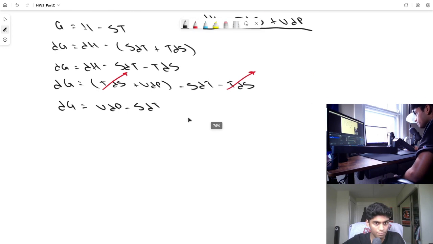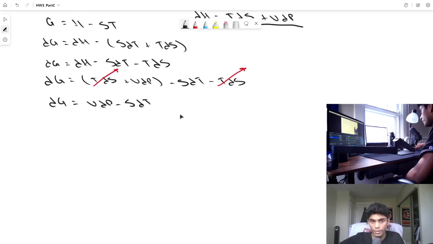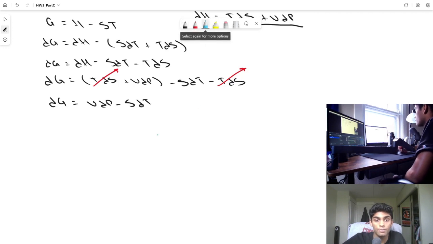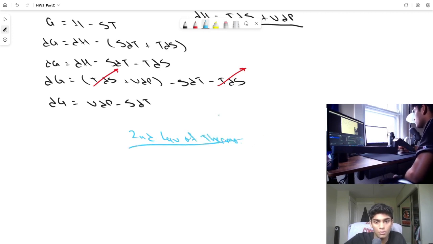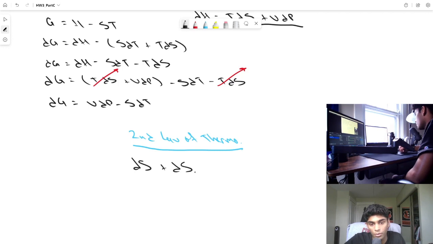So now we're going to use the second law of thermodynamics to finish off this derivation. The second law of thermodynamics states that the differential of entropy plus the differential of entropy of the surroundings is always going to be greater than or equal to 0.